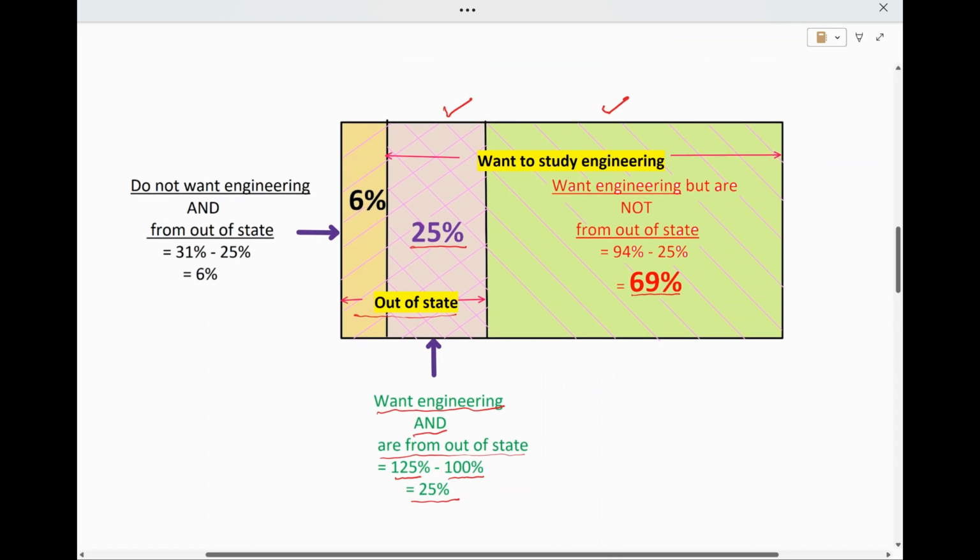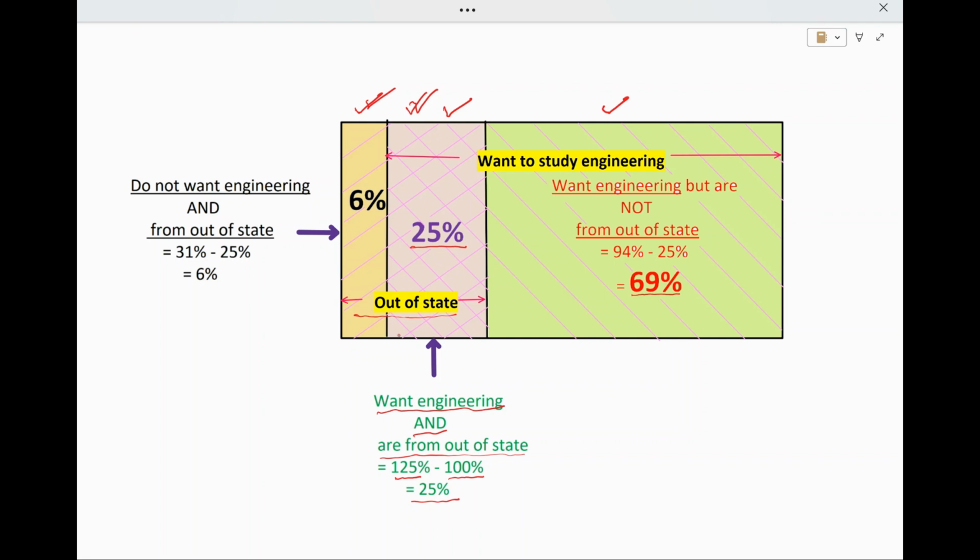Now, the leftmost category and the middle category together, they give the number of students who are from out of the state.